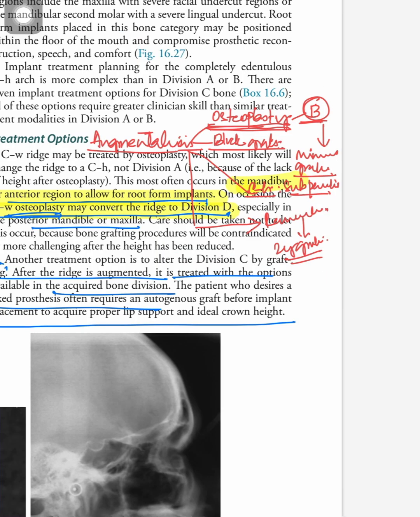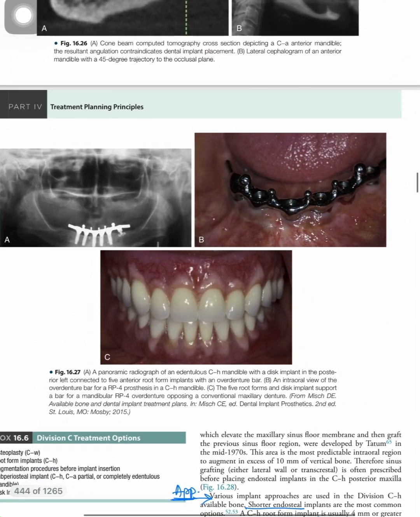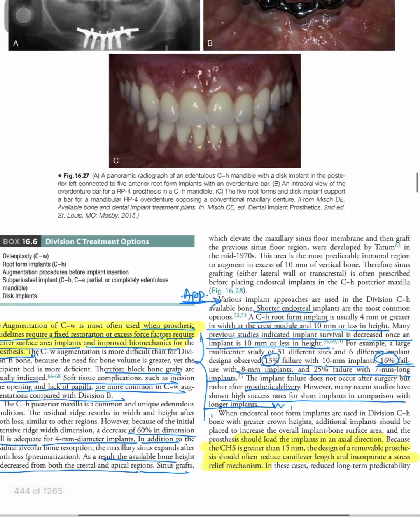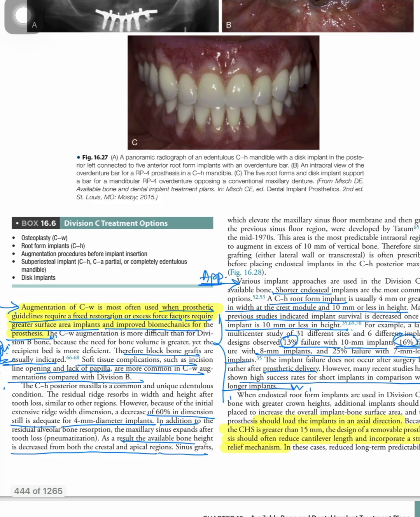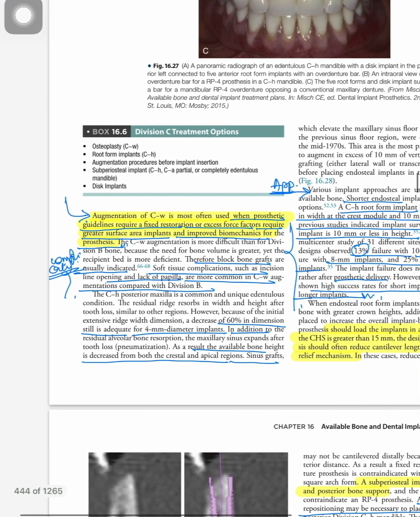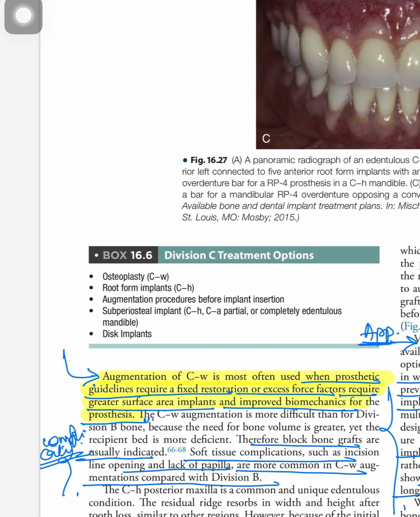And in most cases, clinicians are not so comfortable with augmentation procedures. There is something called disc implants. It is not being used now, but you can have this option as well. So we see the treatment options: osteoplasty, root form implant C minus H, augmentation procedures before implant insertion, subperiosteal, and disc implants.